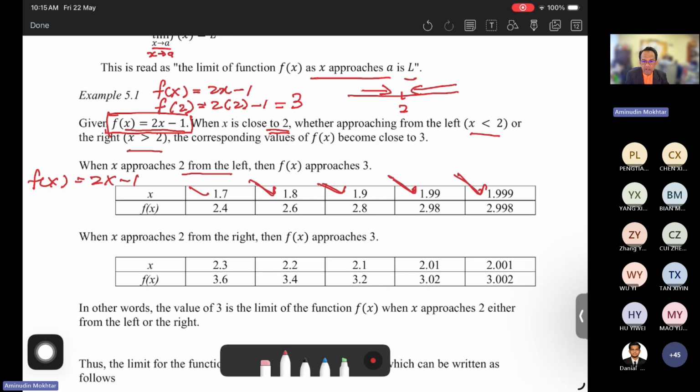For this example, the simulation shows that when x approaches 2, the value of x increases and gets close to 2. x approaches 2, not x equal to 2. What happens to y? As you can see here, the value of y will increase but get close to 3.